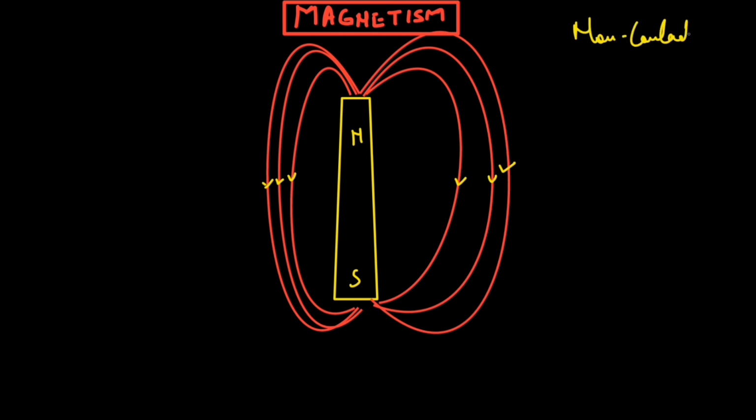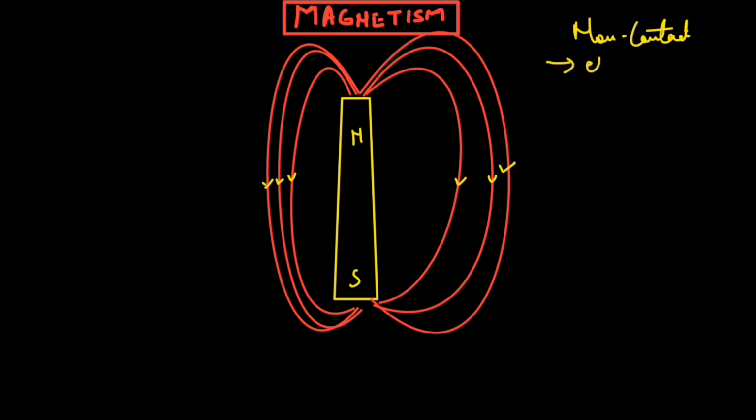When we say non-contact force, it's not necessary for the objects to touch each other before the force can be felt. The objects just need to be in each other's field, and then we'll feel the effect of that force.